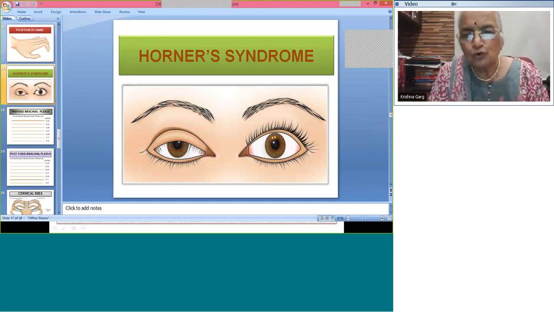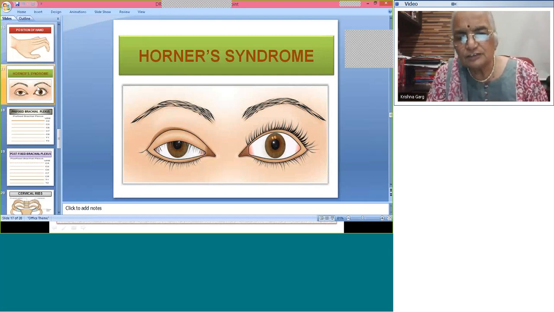Horner's syndrome comprises 4 entities. One is ptosis. In ptosis, there is partial paralysis of an important muscle, the levator palpebrae superioris. The second is constriction of the pupil because the dilator pupillae, which is supplied by sympathetic, gets paralyzed.